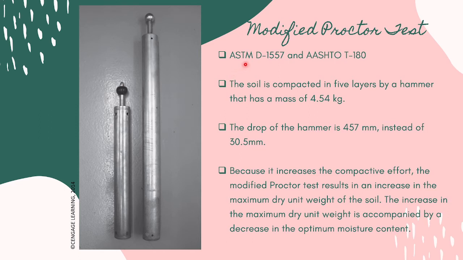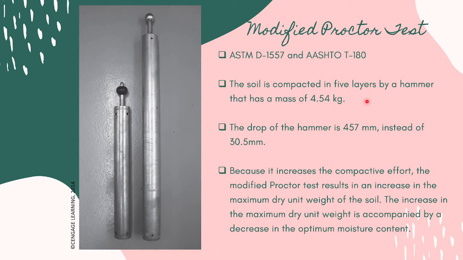So this test is under the ASTM test designation D1557 and AASHTO T180. So in the standard Proctor test, the soil is compacted in 3 layers, but in the modified Proctor test, the soil is compacted in 5 layers.